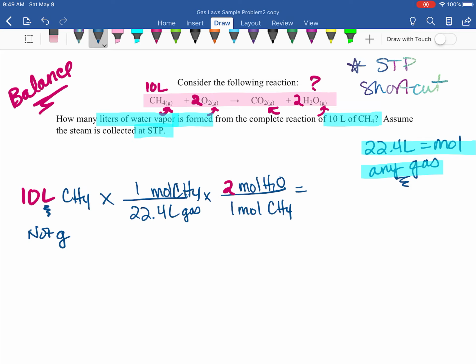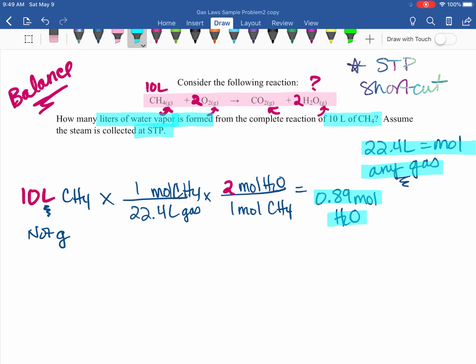We've got 10 liters divided by 22.4 times 2. I am getting 0.89 moles of steam, of water. Okay, I love it.